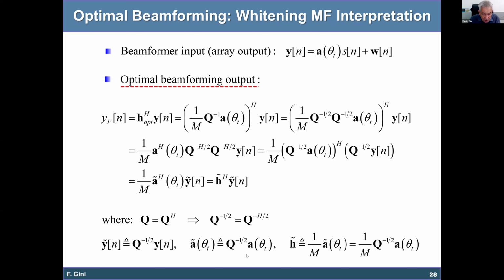A tilde is the same linear transformation performed on the data, but applied to the array response. So it is like we have a new array response obtained by doing this linear transformation that we have done also on the data.